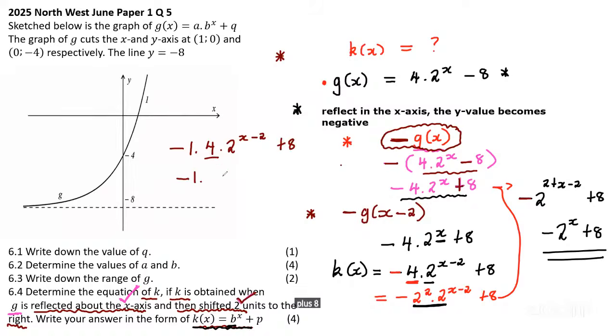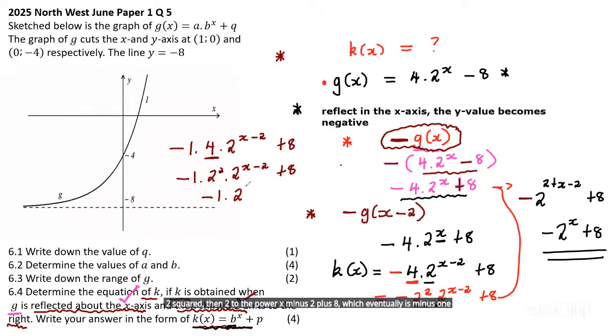Minus 1, then you can change the 4 to 2 squared, then 2 to the power x minus 2 plus 8, which eventually is minus 1, then 2 to the power x, then plus 8. You can then rewrite it as you see there. So that's another way of playing around with it. So that's negative 2 to the power x plus 8.